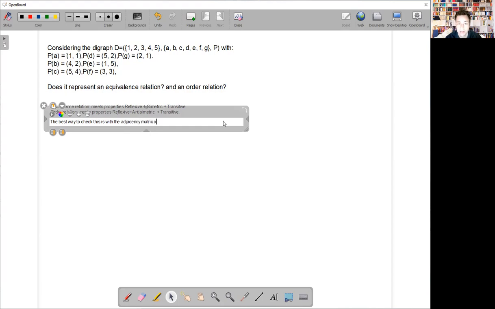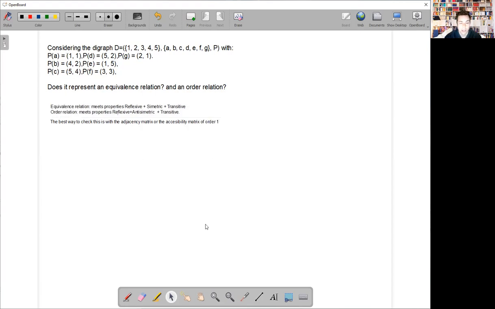So let's calculate the accessibility matrix of order 1, right?